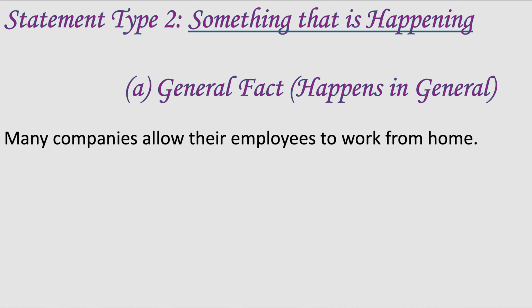The next type is when the statement describes something that is happening. This can be divided into three subtypes. First is a general situation or fact. It simply tells you what happens without talking about time or change.